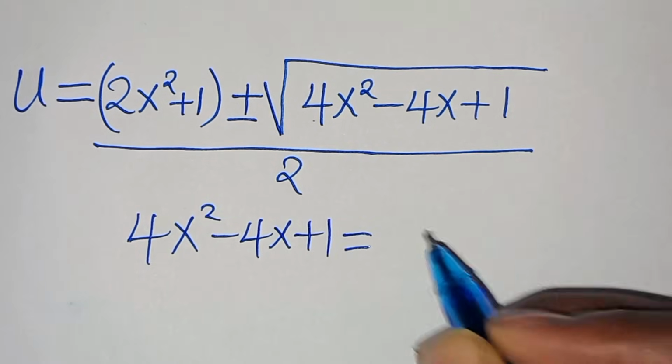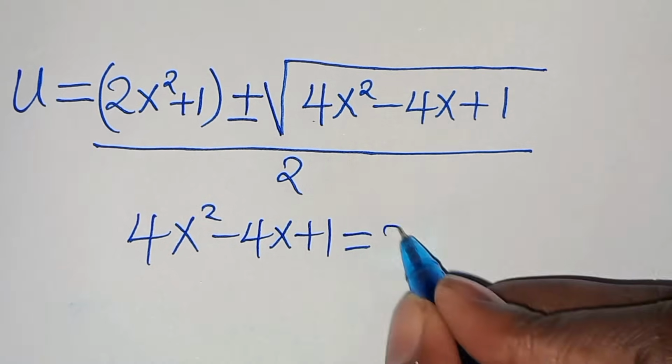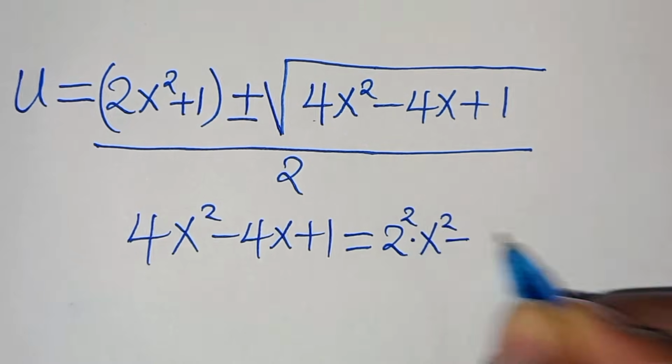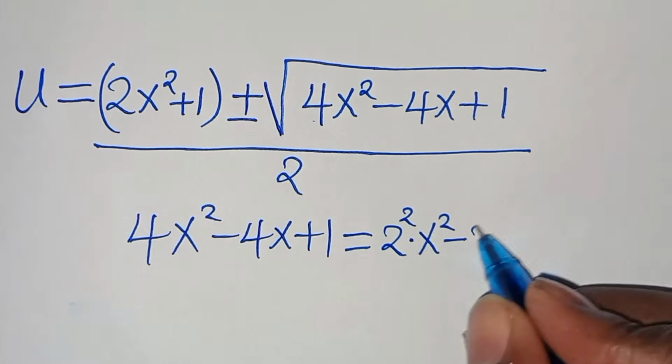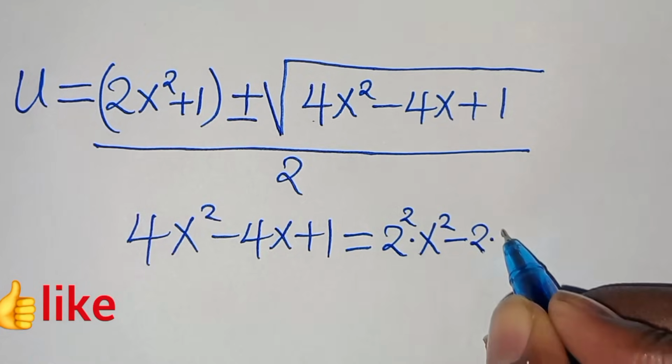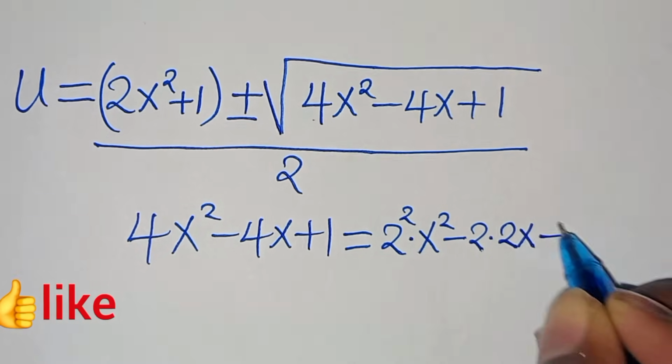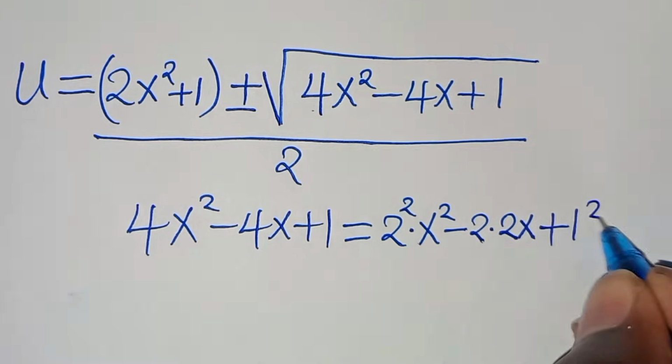This is the same thing as, now 4 can be expressed as 2 to the power of 2 times x to the power of 2, subtract 4x, which is the same thing as 2, multiplied by 2x, then plus, here we can express this as 1 to the power of 2.